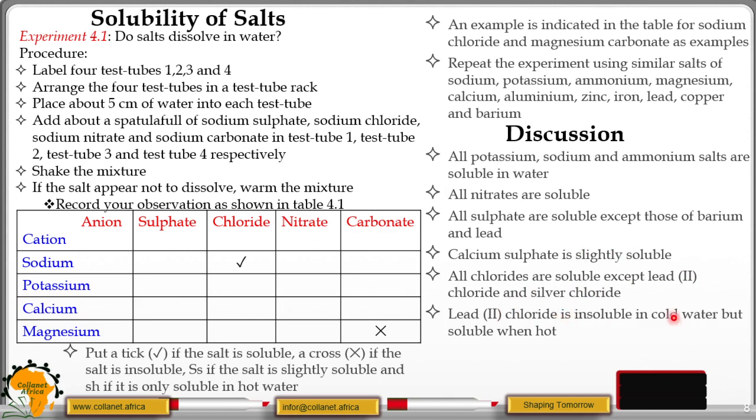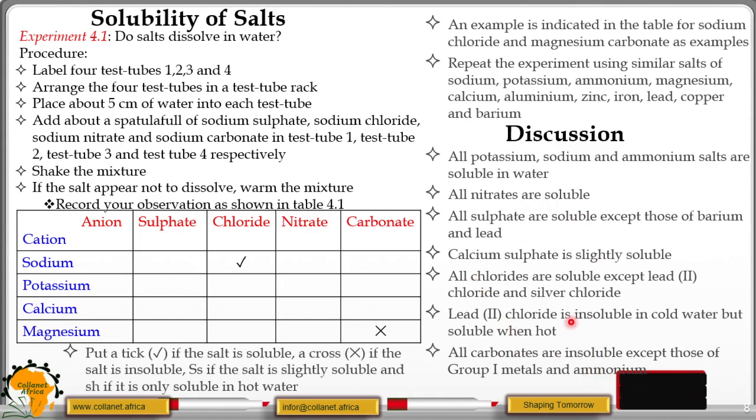Lead 2 chloride is insoluble in cold water but soluble when hot. It doesn't dissolve in cold water, but it dissolves when you heat it in water. All carbonates are insoluble except those of group 1 metals and ammonium.